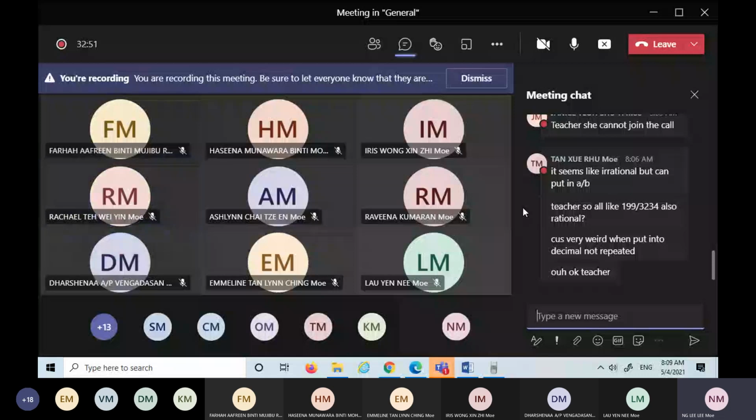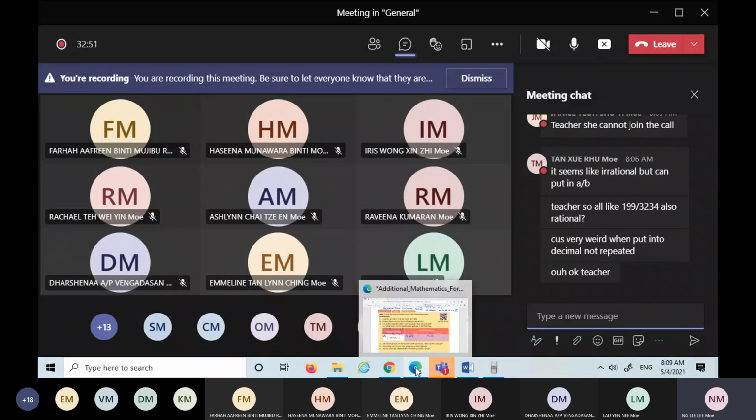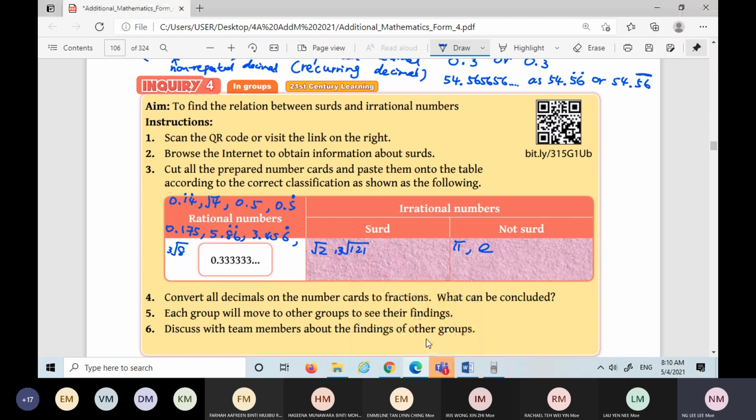Rachel, 1.2345678, rational or irrational? Irrational, but the decimals stop, it doesn't continue. It can't be converted to fraction? It can be converted to fraction, like I show you how it is converted to fraction. You see, like I do it here, never mind, don't worry.